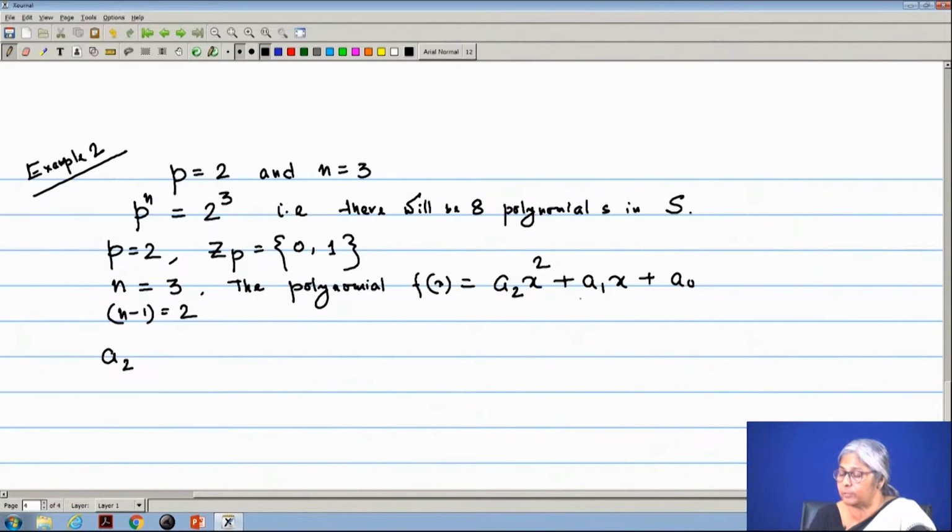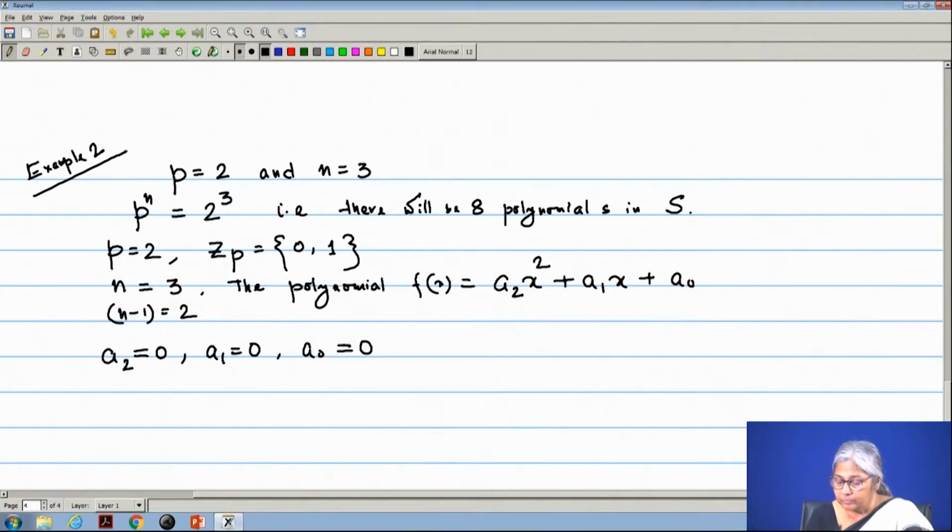Now, I have to take all possibilities of a2, a1, a0. So, a2 equal to 0 and a1 equal to 0, then a0 can be 0 or 1.